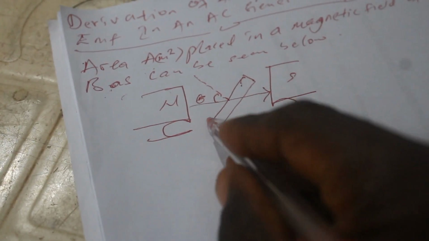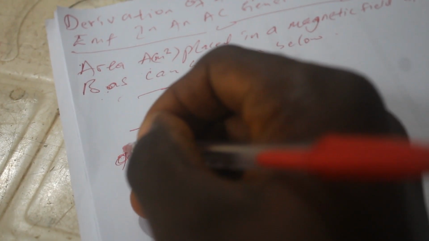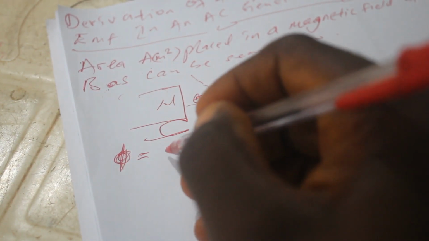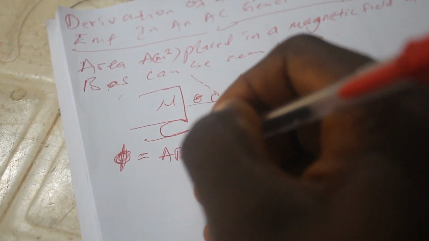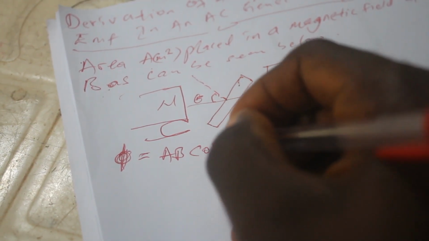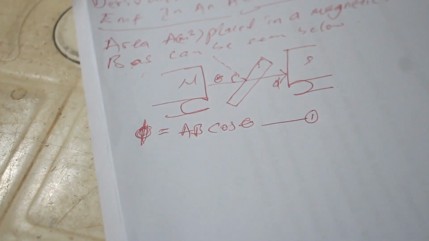that means the magnetic flux phi will be given by the dot product of the area and the magnetic field, which is AB cos theta. Let's call this equation 1.